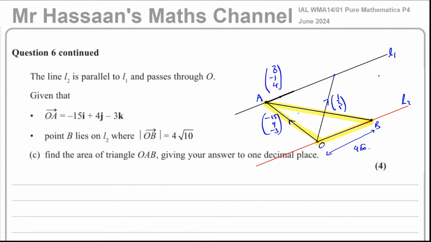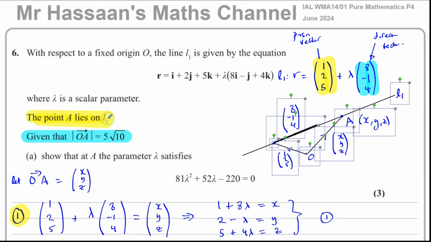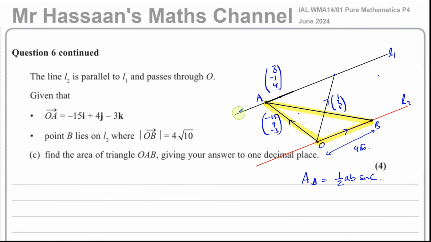So I think the best thing to do here is to use the area of a triangle as a half times AB sine C, where we have two sides and the angle between them. Now I know the magnitude of O to A is already given to us as 5 root 10, and I know this is 4 root 10.